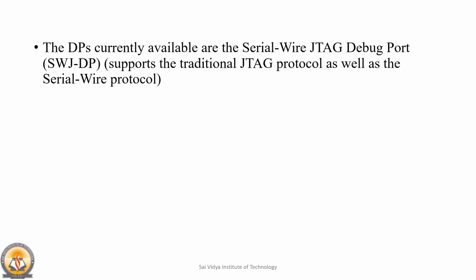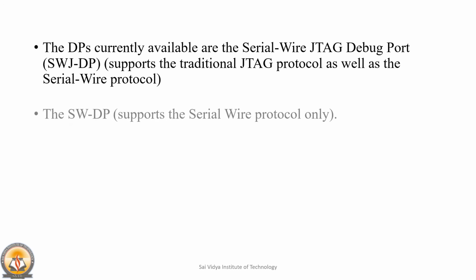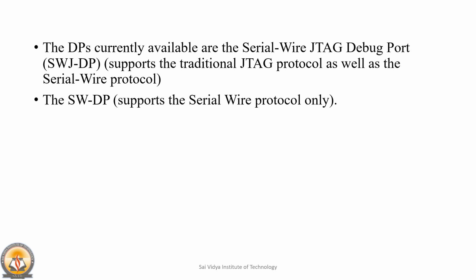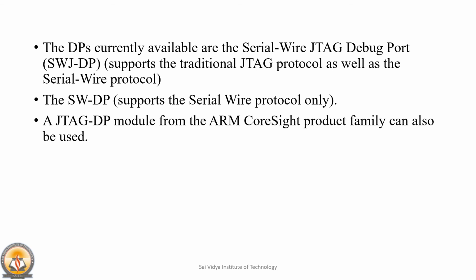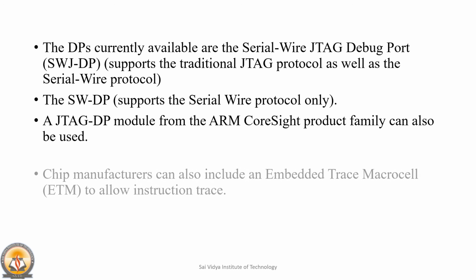The debug ports currently available are the Serial Wire JTAG Debug Port, SWJ-DP, which supports the traditional JTAG protocol as well as the serial wire protocol, and the SW-DP, which supports only the serial wire protocol. The JTAG-DP module from the ARM CoreSight product family can also be used. The chip manufacturers can choose to attach one of these DP modules to provide the debug interface.